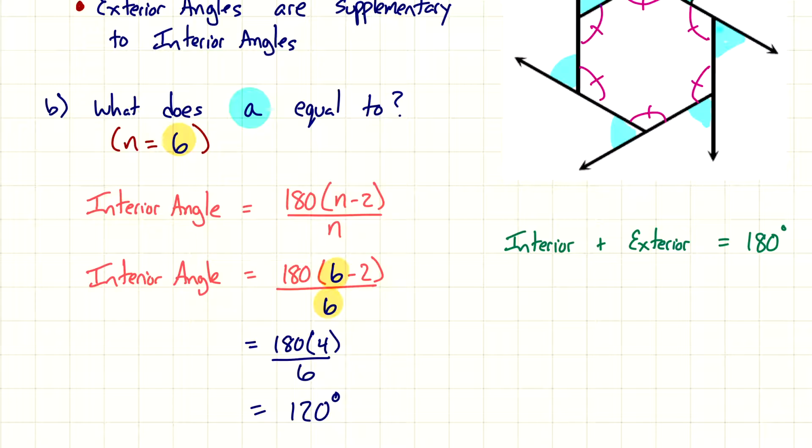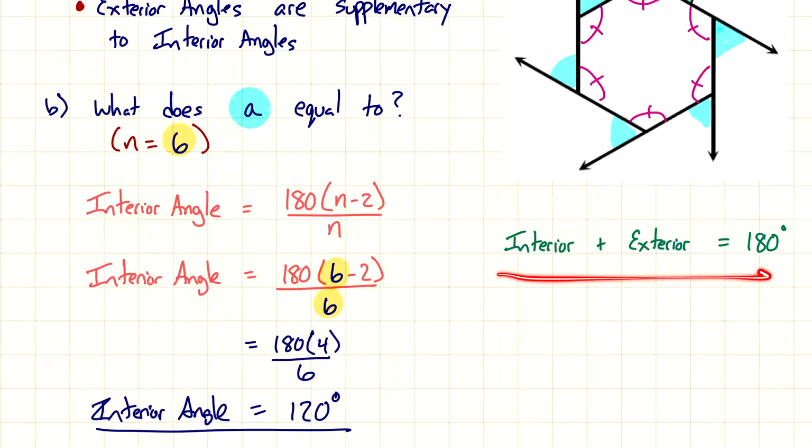All right, so what we just calculated was the interior angle. But we want to know what the exterior angle is. All right, so that's where we're going to use this formula here. Interior plus exterior equals 180.